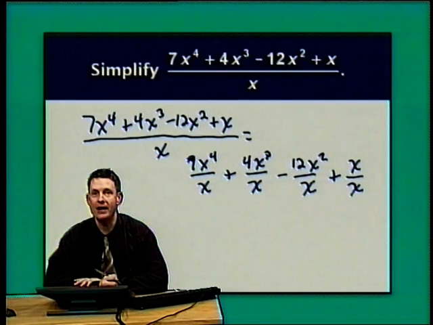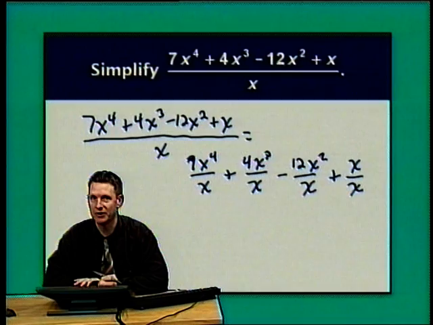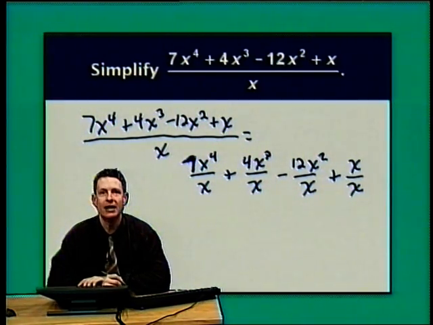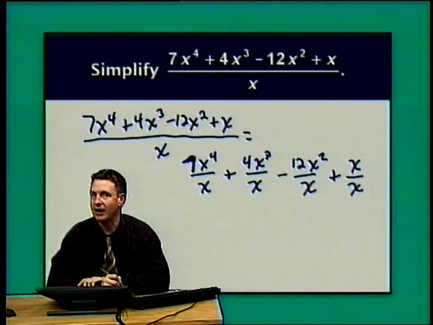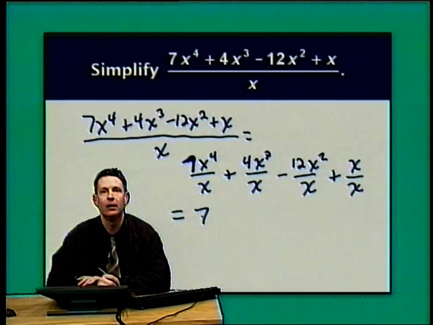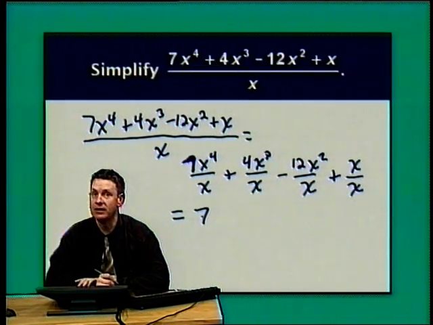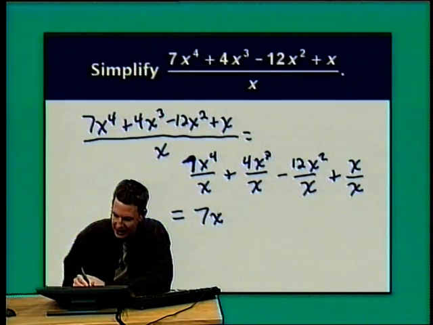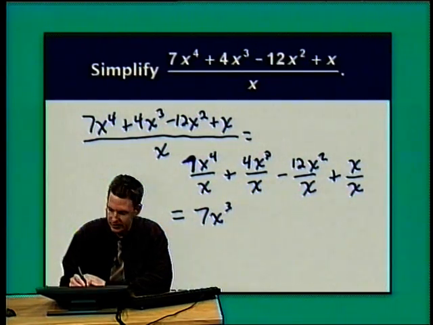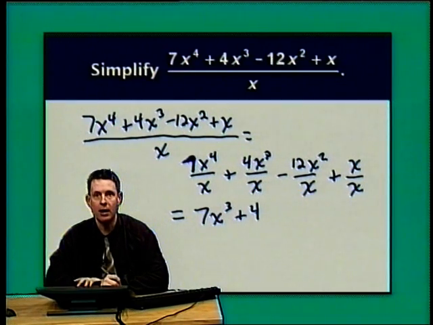Now let's simplify the four monomial divided by monomial terms. The first is 7x to the fourth divided by x. Since there's a coefficient of 1 in the denominator, it's pretty easy to figure out that the coefficient of this division is going to be 7. If I take x to the fourth and divide out one factor of x, that leaves behind x cubed. 4x cubed divided by x: the coefficient's going to be 4.